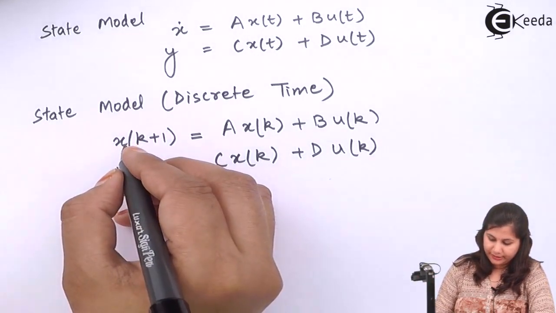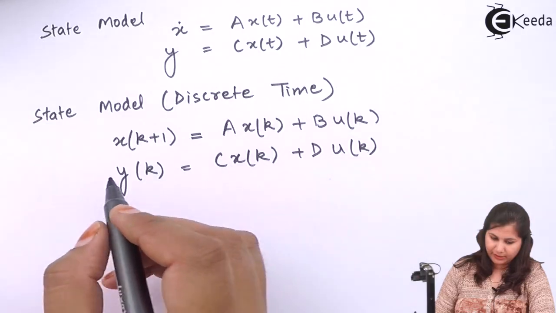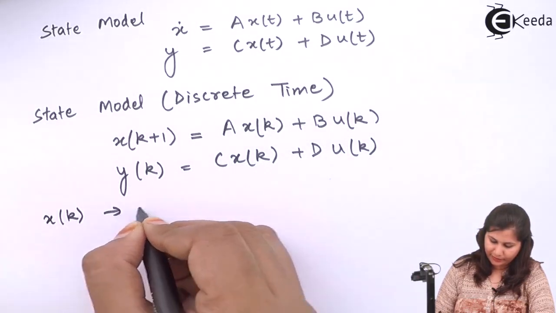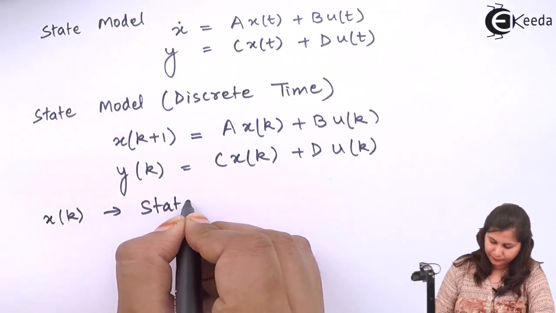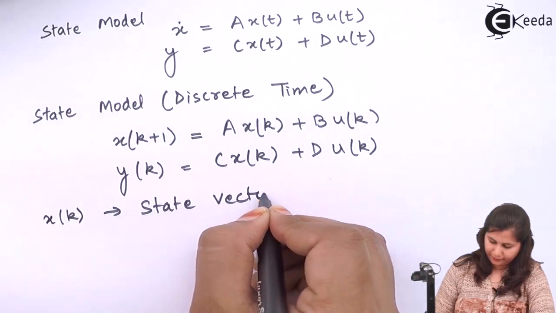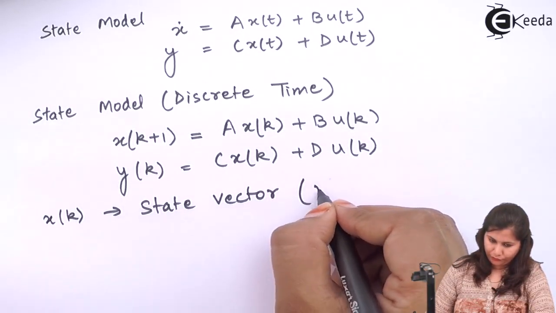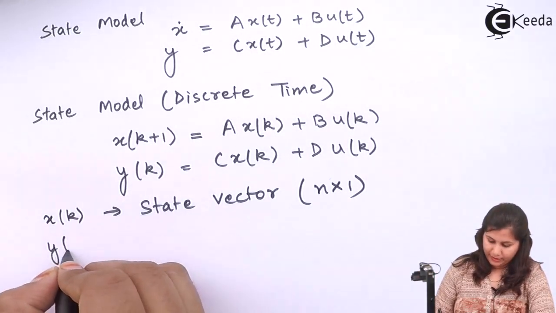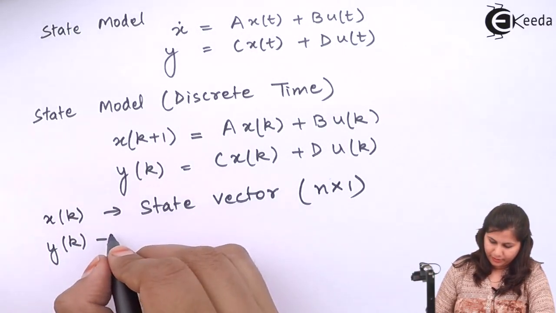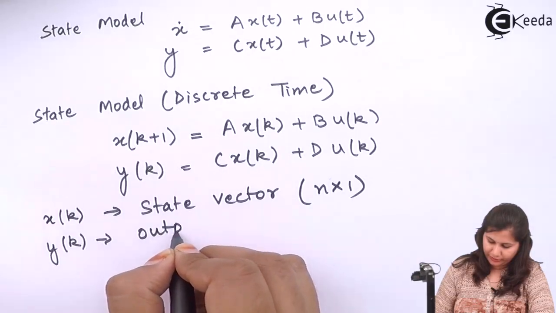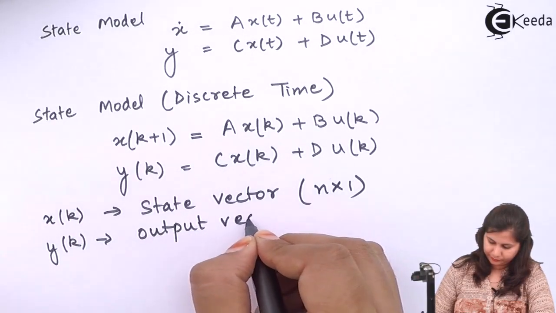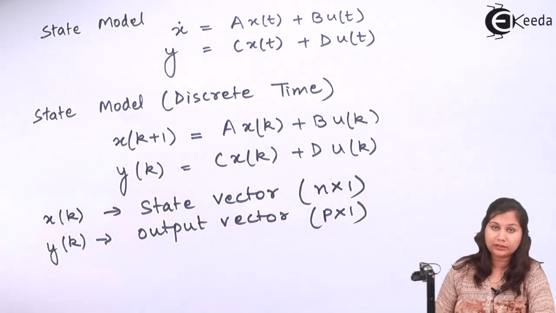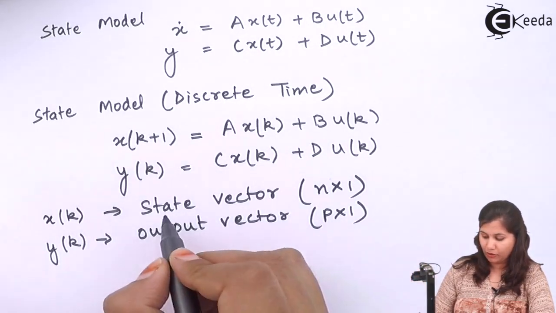Now here these matrices A, B, C, D and x(k) and u(k). x(k) is the state vector of n cross 1 order. y(k) is the output vector of p cross 1, which means it has p components.